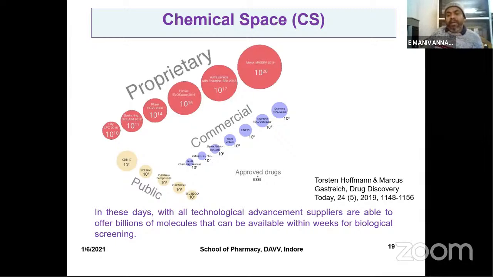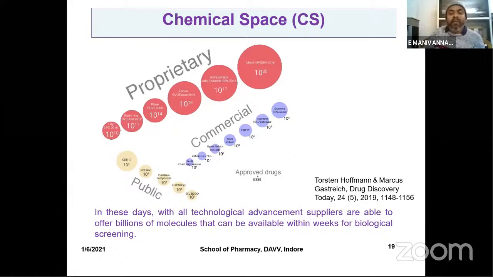The approved drugs, FDA approved drugs, are nearly 10,000 molecules, 9,335 molecules, according to the published data in Drug Discovery Today in 2019. And the public databases like GDB-17, the PubChem library, ChEMBL database, ChemSpider.